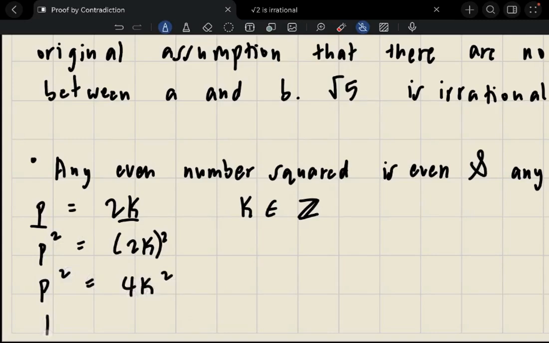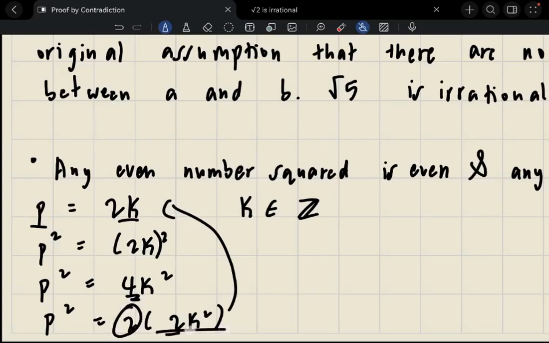And now I'm going to factor out that 2 from the 4, and I get 2 bracket 2k squared. And now it's basically the same thing as this, right, where I have 2 multiplied by some integer. So because 2k squared is an integer, that shows that any even number, when you square it, is going to give you an even number since this is a multiple of 2.